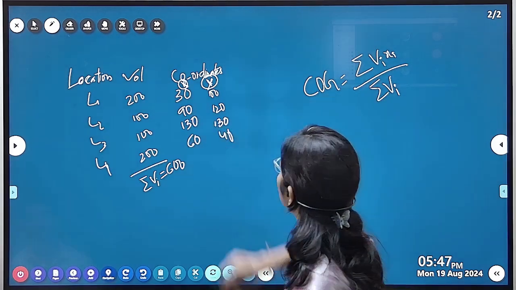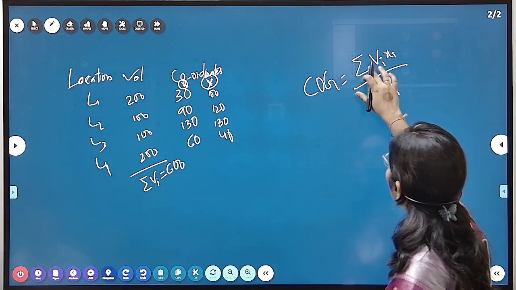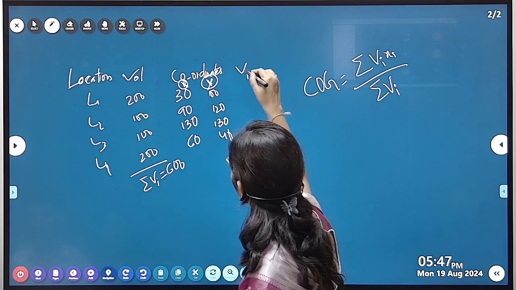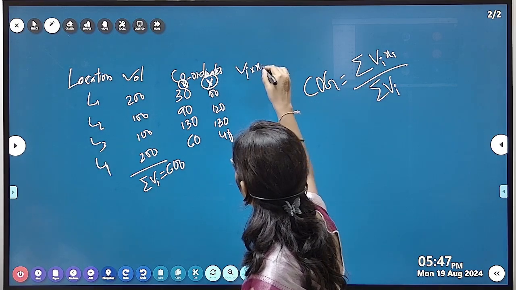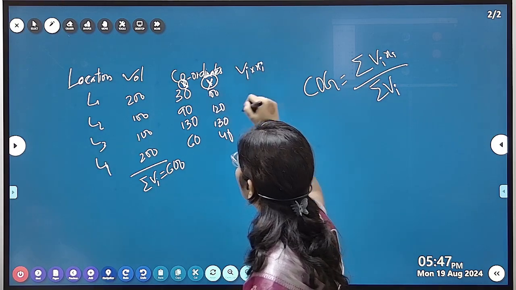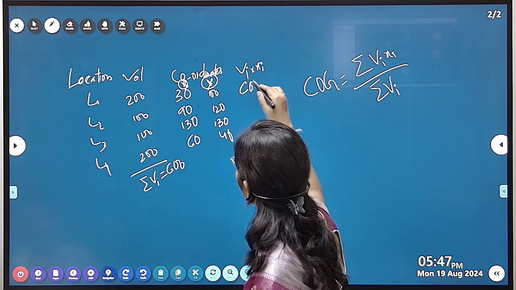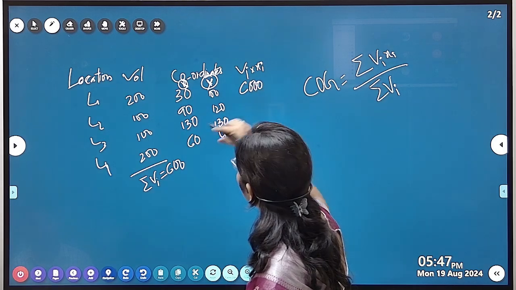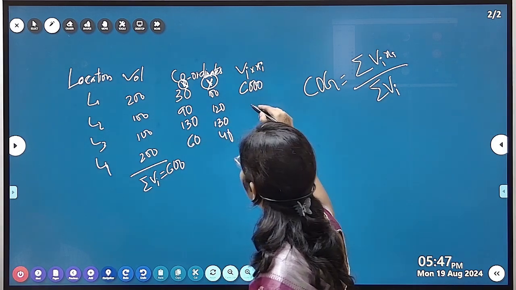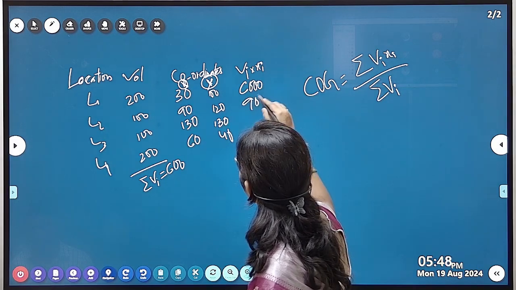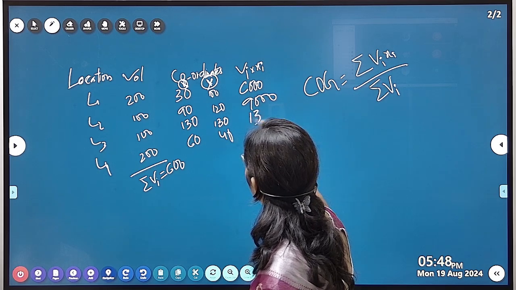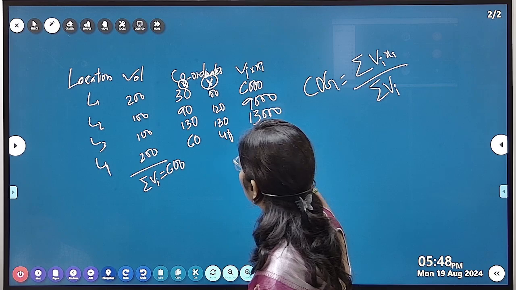So what is Xi? Vi into Xi we need to do. So 200 into 30, Vi into Xi. 200 into 30, 6000. 90 into 100, 9000. 130 into 100, 13,000.